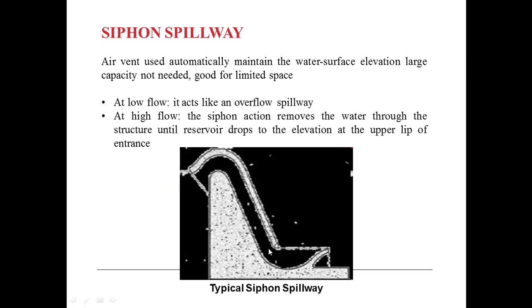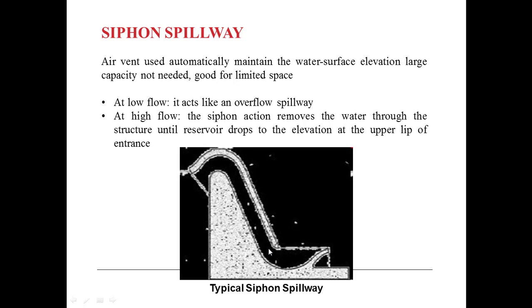Next one is the cyclone spillway. In a cyclone spillway, an air vent is used to automatically maintain the water surface elevation. Large capacity is not needed, and it is good for limited space.